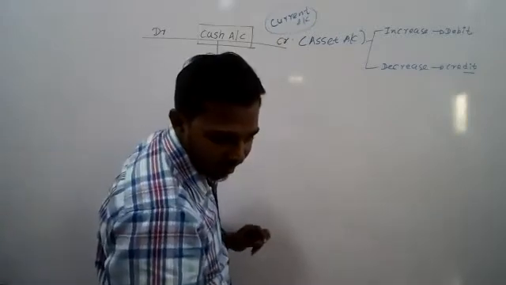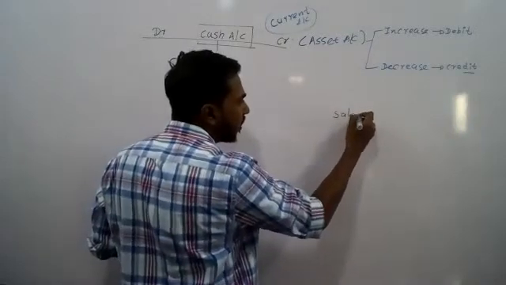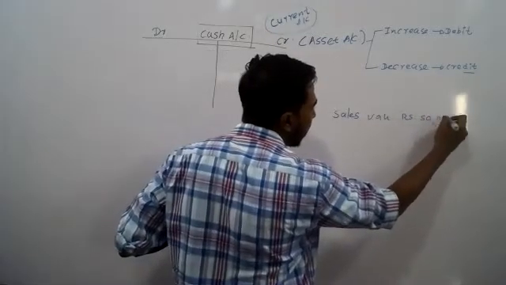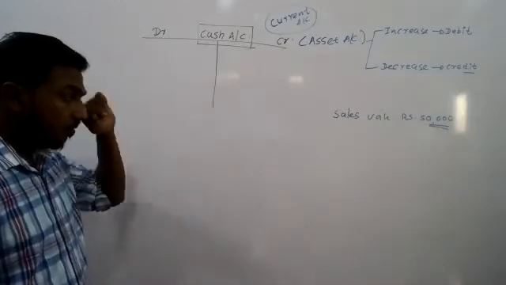Say you receive a check for sales, sales value rupees 50,000. That means you receive a check for rupees 50,000. What's the double entry?